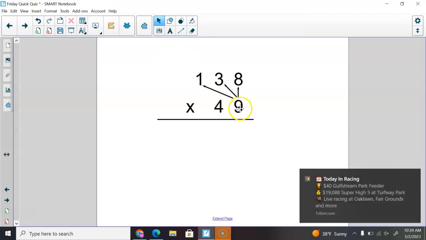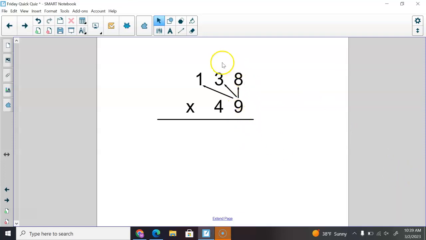So really quickly, 9 times 8 is 72. So I'm going to carry a 7 and leave a 2 behind right here. So far, so good. My next step will be to do 9 times 3, but then I also have to add the number that I carried. So 9 times 3 is 27, but then when I add 7, that's going to give me 34.